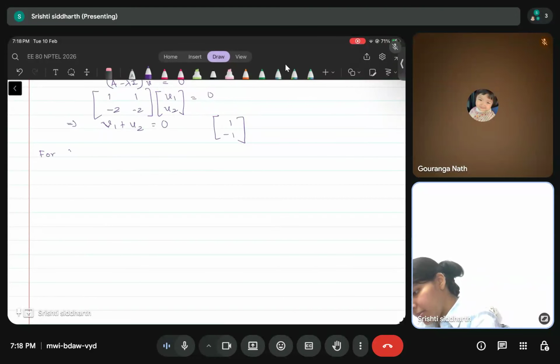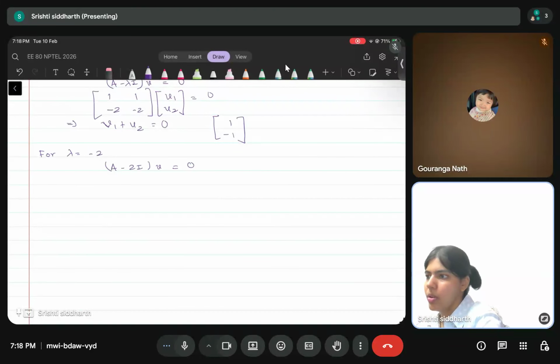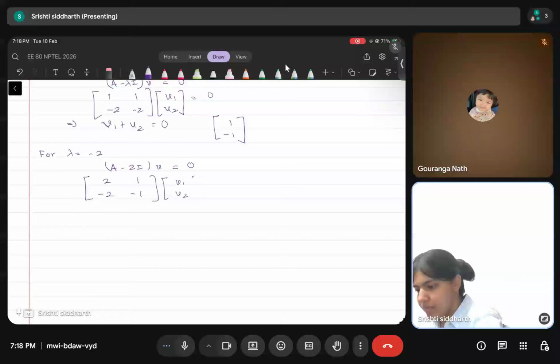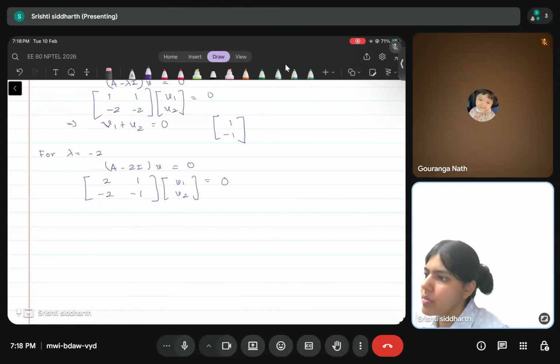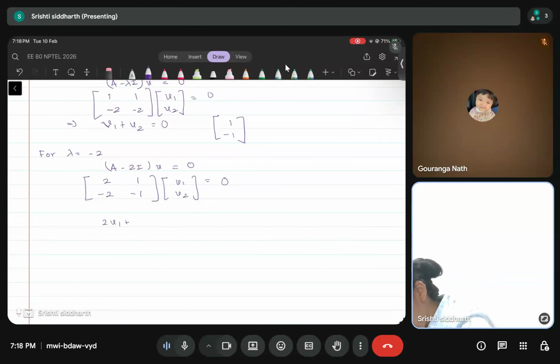Similarly, for lambda equals minus 2, A plus 2I times v equals 0. This is [2, 1; minus 2, minus 1]. This gives 2v1 plus v2 equals 0.